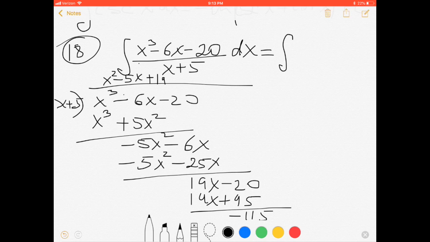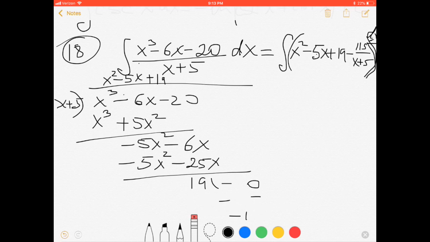After division, the integral becomes x squared minus 5x plus 19 minus 115 over x plus 5, all dx.